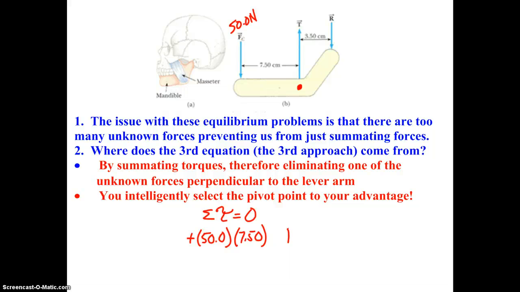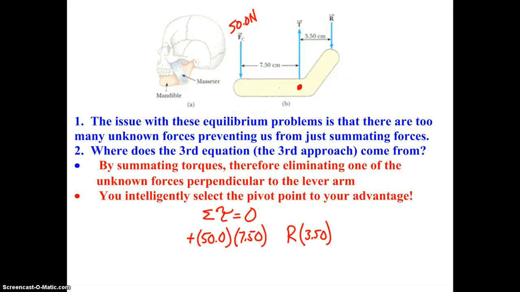Then we have force R, and notice what they've given here is the horizontal distance, the 3.50 centimeters, between T and R, which is nice because that's the lever arm. If they had given the angle distance, you would need to know an angle so that you could calculate the horizontal lever arm.